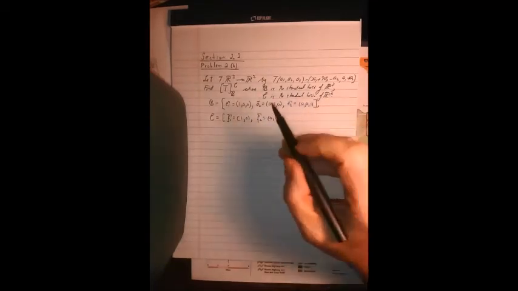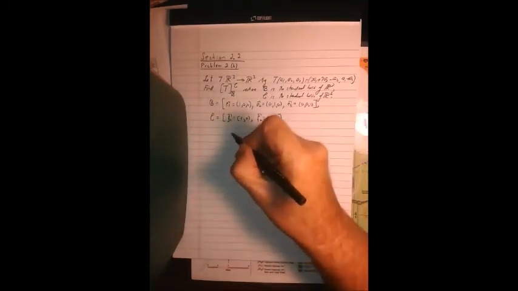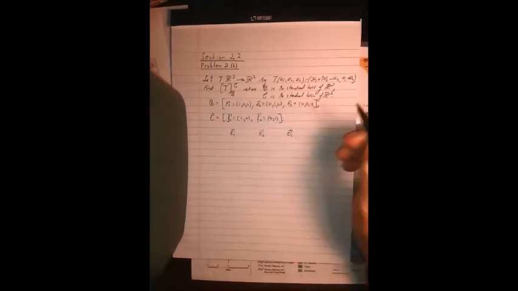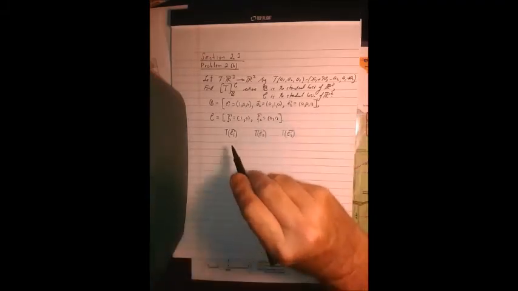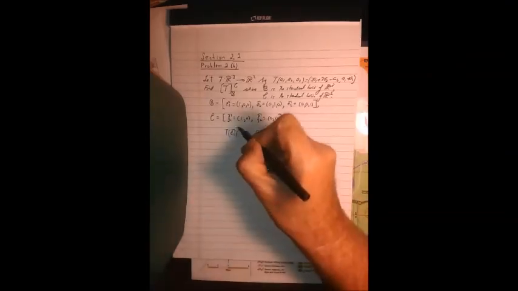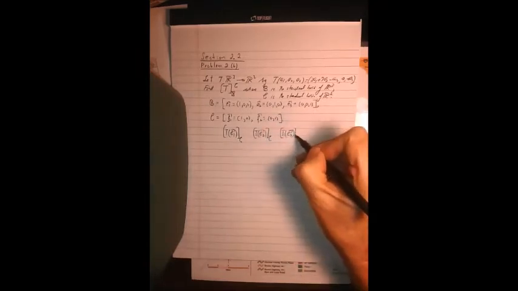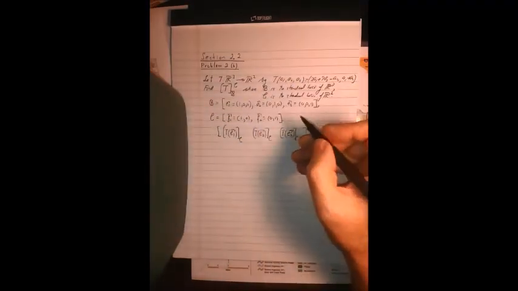Okay, now to compute the matrix of a transformation, first of all we write down the vectors in B. So that's e1, e2, and e3. Then we take T of each vector, and then for these vectors we work out the coordinate vector relative to C. This is the matrix that we're after.